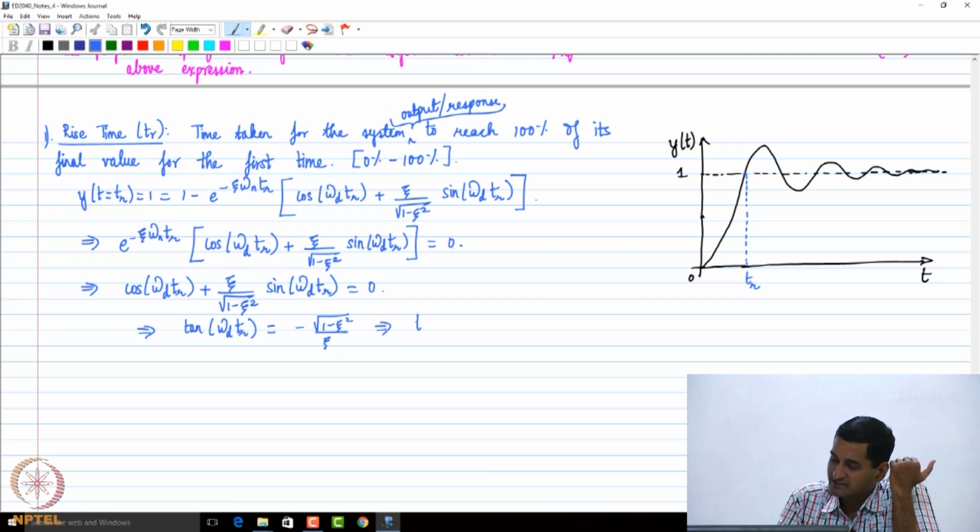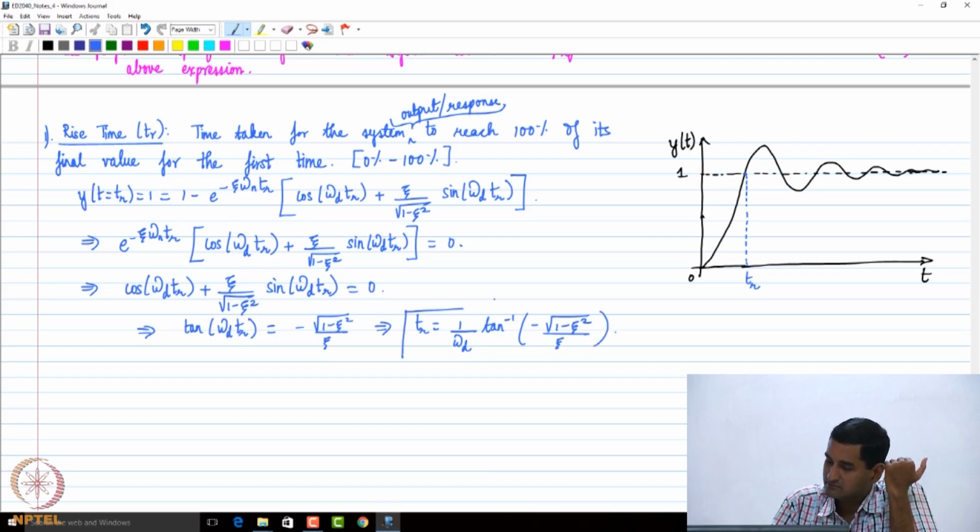So this implies that tr is going to be equal to 1 divided by omega d tan inverse of minus square root of 1 minus zeta squared by zeta. Okay, this people will write as pi minus beta divided by omega d.